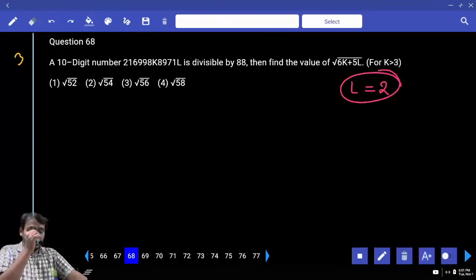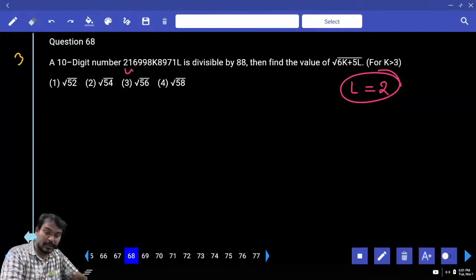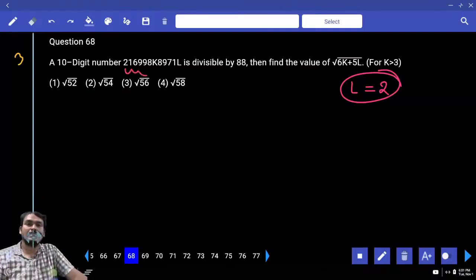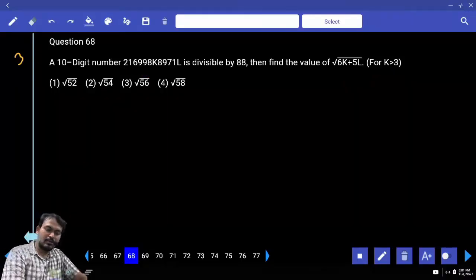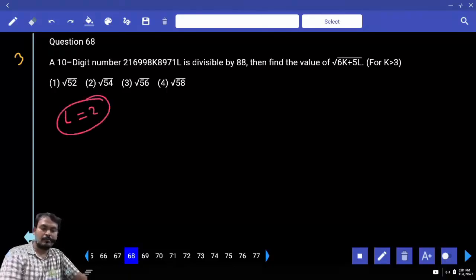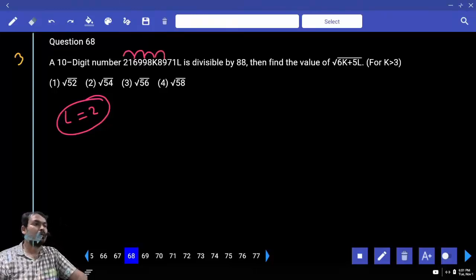K value means verify the alternate digits. Sum difference will be either 0 or 11 or not. Okay. Already we know the L value, how much? 2. First alternate digits. 2 plus 6, 8. 8 plus 9, 17. Plus K. Plus 9, 26.